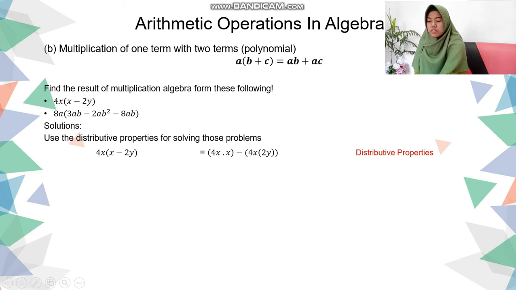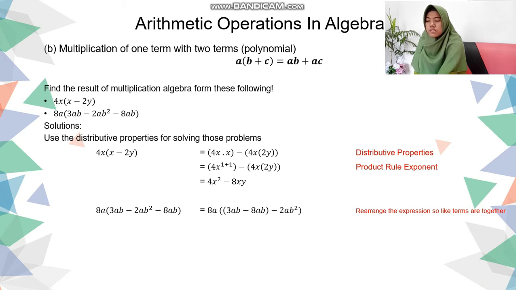Then using the product rule of exponents, equals 4x to the power of (1 plus 1) minus (4x times 2y), which is equal to 4x squared minus 8xy.